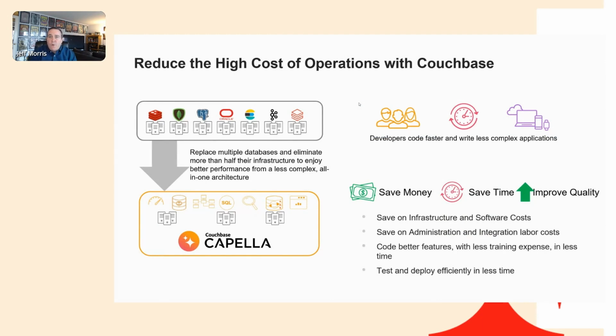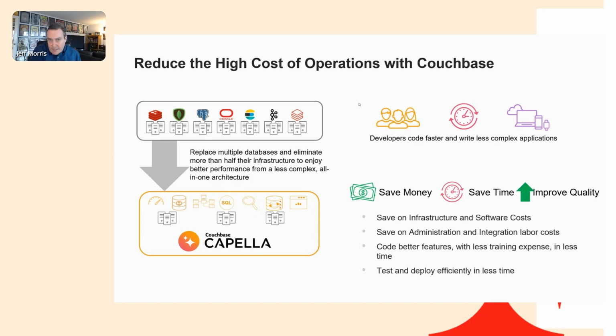All right, so I'm starting to wind down, and I'll field questions in Q&A in a second. But reduce overall high cost of operation with Couchbase and with Capella. As you've noticed, all of those different feature data access patterns were things that other purpose-built databases do.